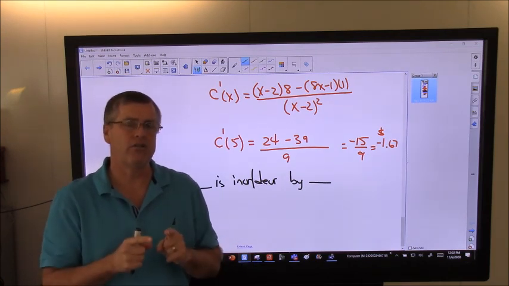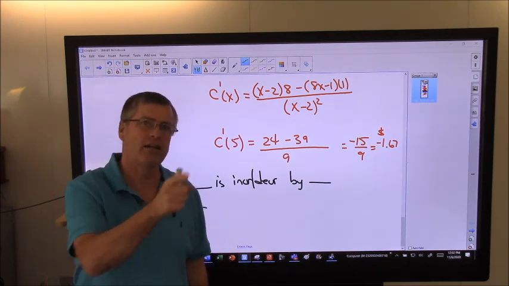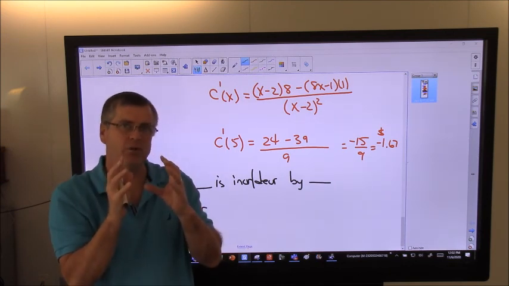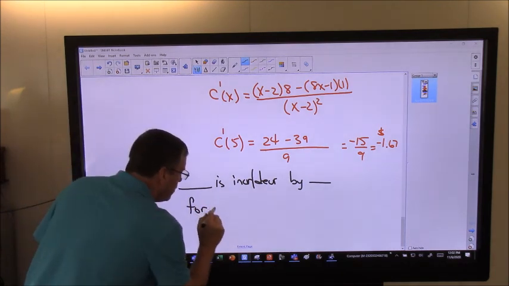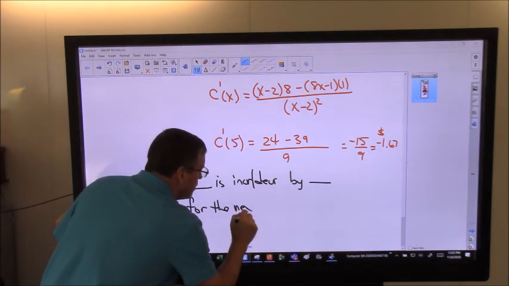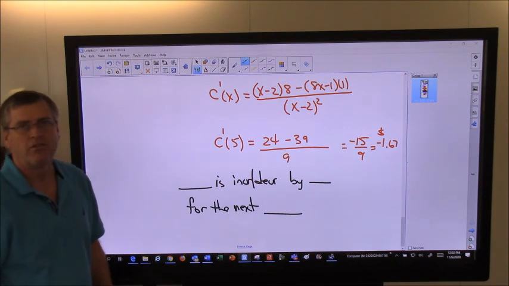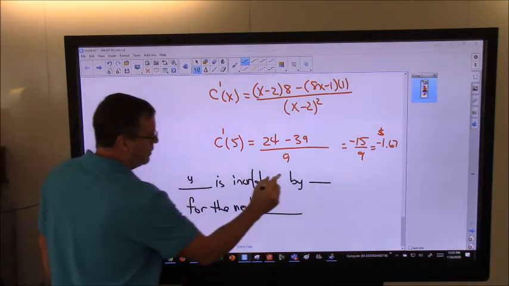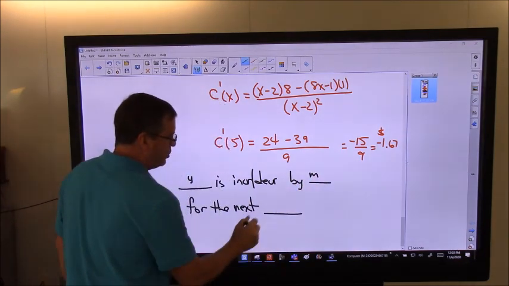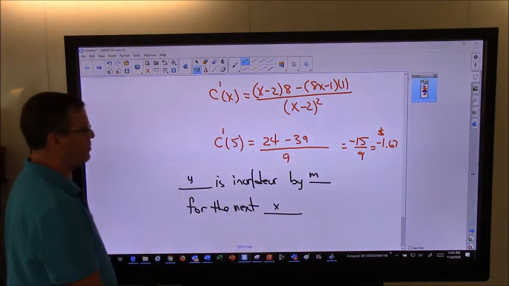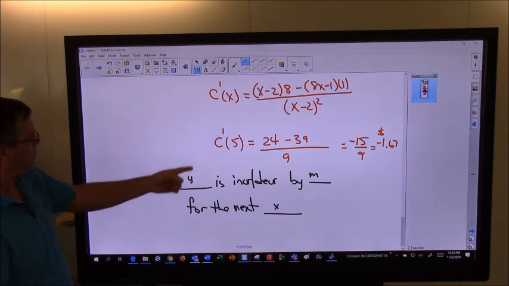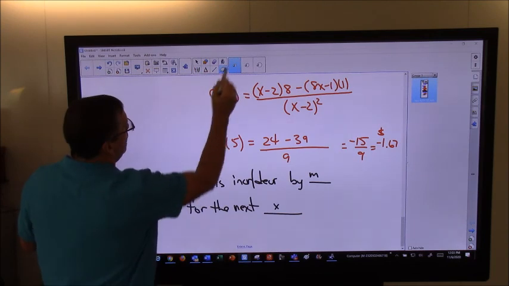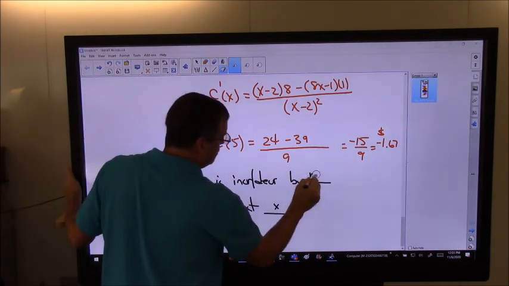Well, in calculus, it's only for the very next whatever x represents. And so that word next is going to be really important to us. For the next of something. This is always whatever y refers to. This is always our slope or rate of change. And this is what x refers to. So what is y referring to? The cost. Right? So I'm going to go ahead and put that in here. Let me take all these things out.